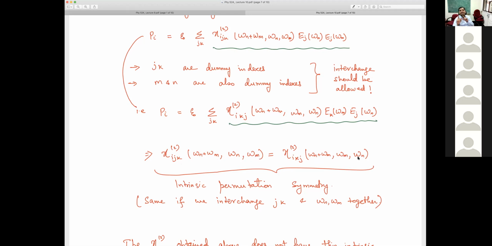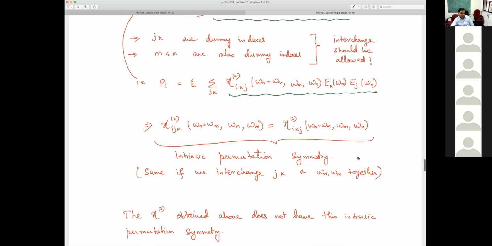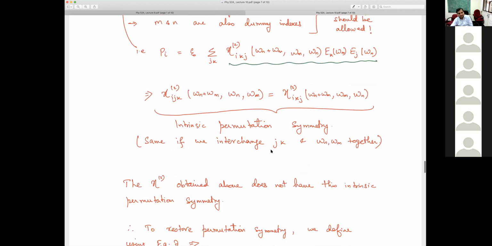So the simultaneous interchange of jk indices and the omega m and the omega n frequencies has to yield me the identical result. And this property is called the intrinsic permutation symmetry. Okay. So the second order optical susceptibility has to be the same if we interchange jk and omega n, omega m together. Okay. And similar symmetries are also there in higher order terms, always.